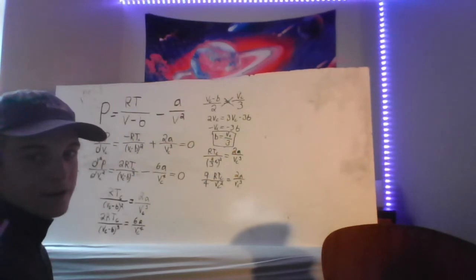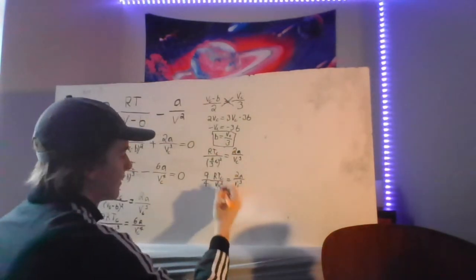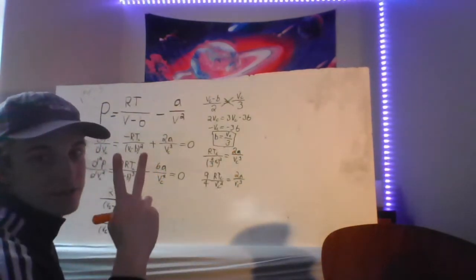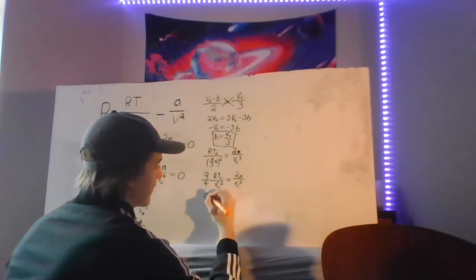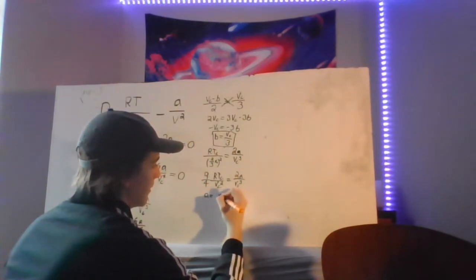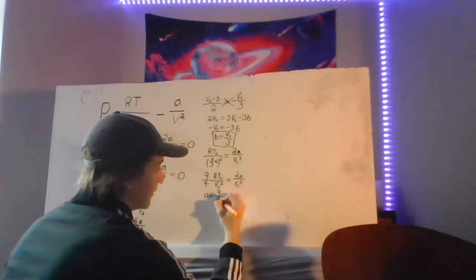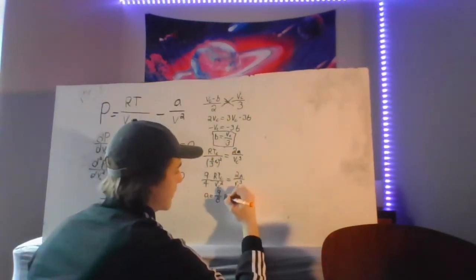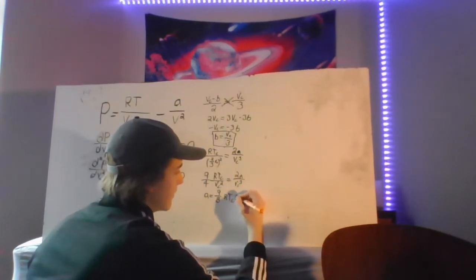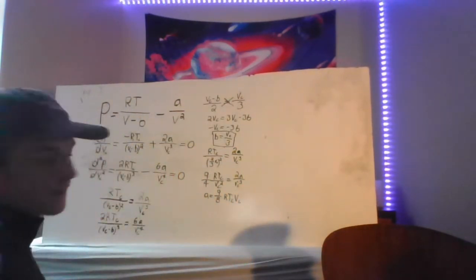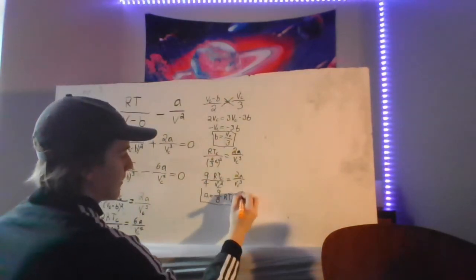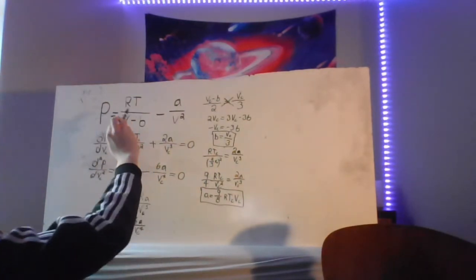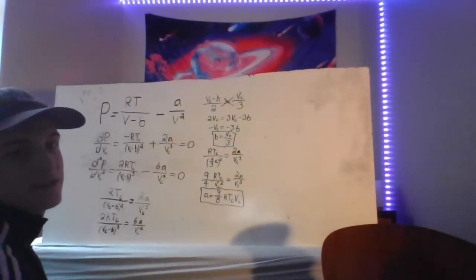And then now I am going to multiply this Vc to the third over and divide everything by 2. So now a will equal 9 over 8, and then these Vc's will cancel, so RTcVc. So now we have solved for our a and b in the van der Waals equation of state.